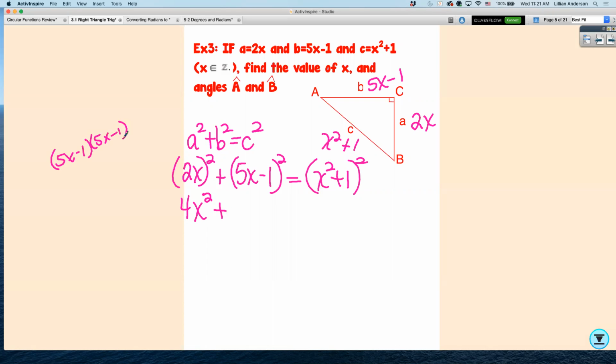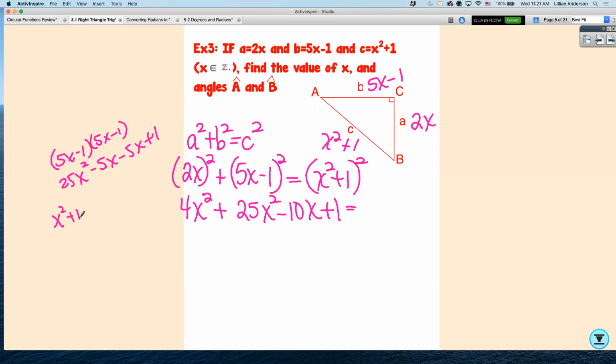5x times 5x, 25x squared. This becomes minus 5x minus 5x. Negative 1 times negative 1, positive 1. Good. So this becomes 25x squared minus 10x plus 1 is equal to, what do I have to do to that last part?